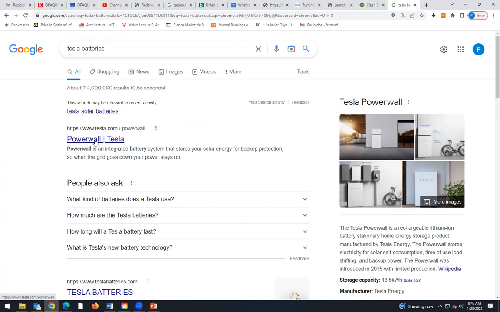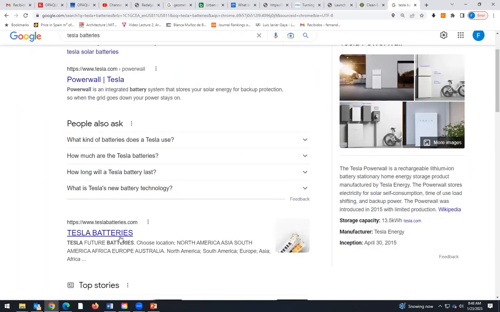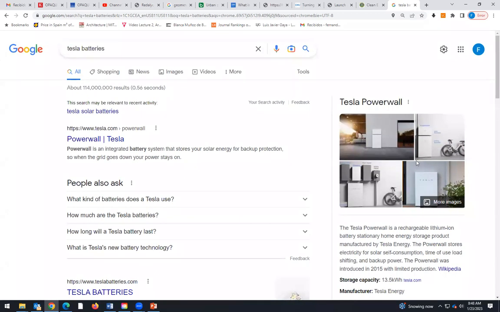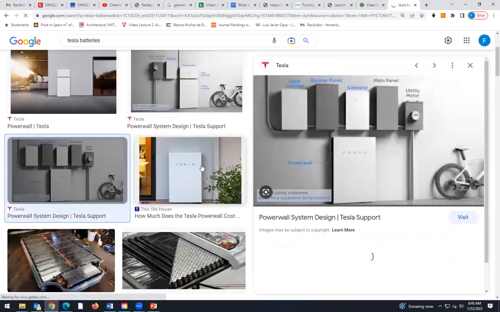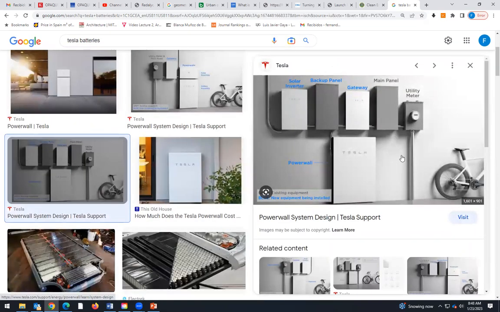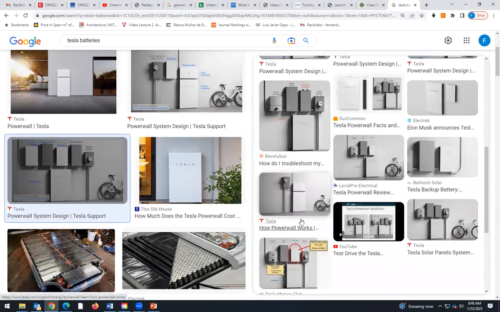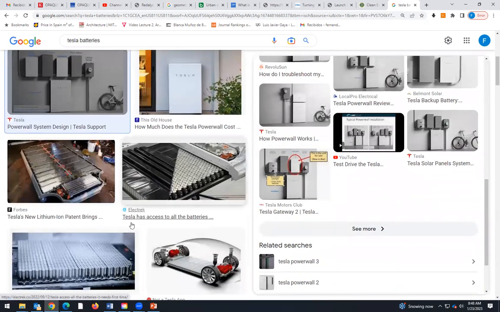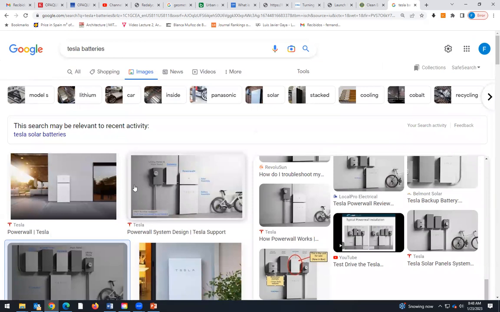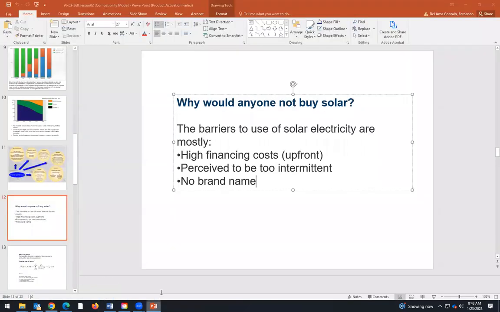I remember that they tried to create a brand that people could recognize related to PV panels, and they manufactured batteries. But as far as I know, it's not mainstream. Why? Well, probably because it's too expensive, or there are many reasons. But anyway, other than Tesla, I can't name any brand.